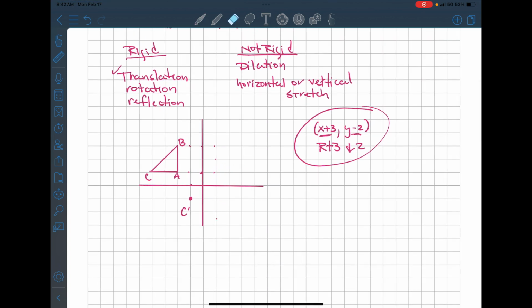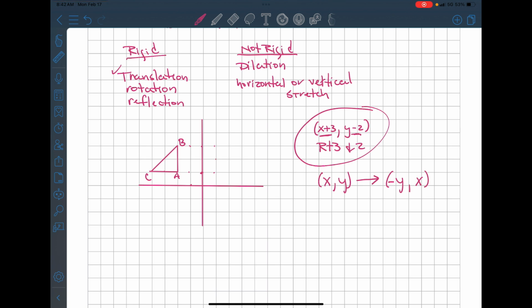If we are rotating, and we're only really dealing with 90 degrees rotation here, it's when you have x, y, that's your original, and then you want to rotate it. You are going to switch your x and y, and if this were negative, it means counterclockwise.